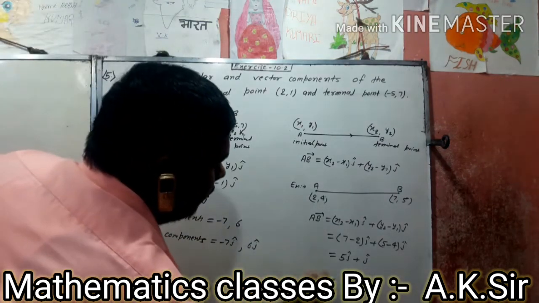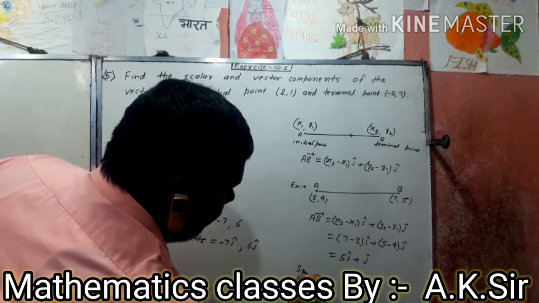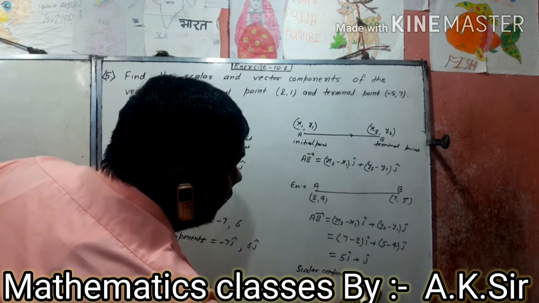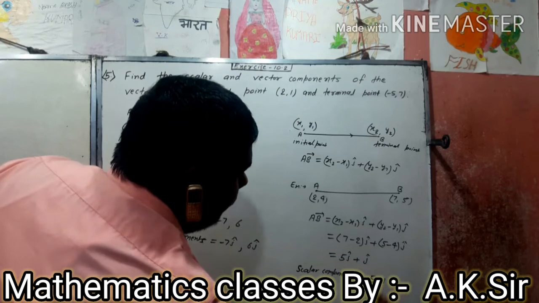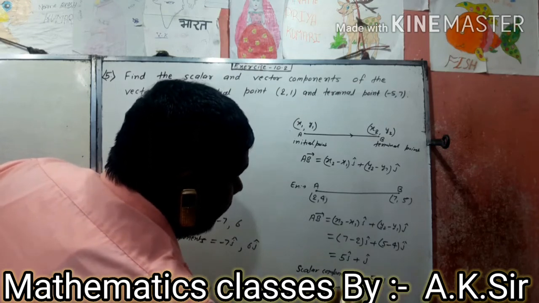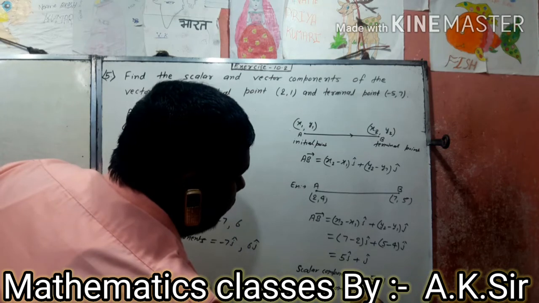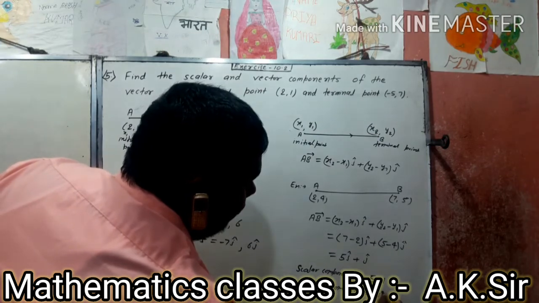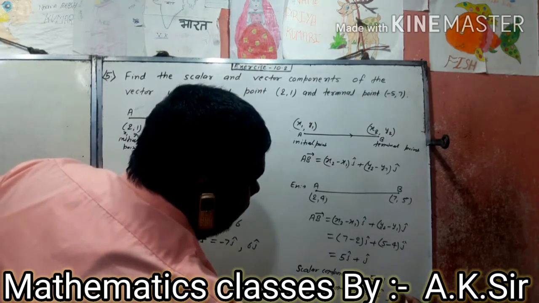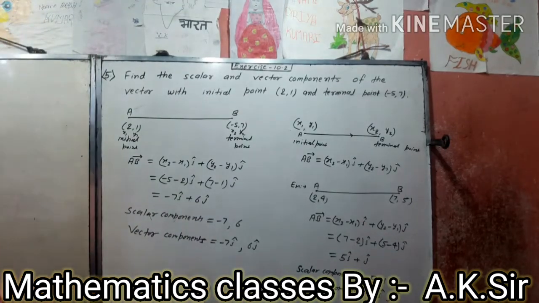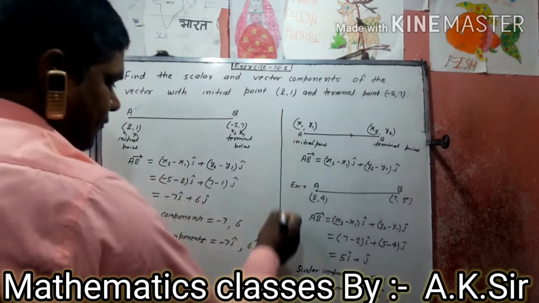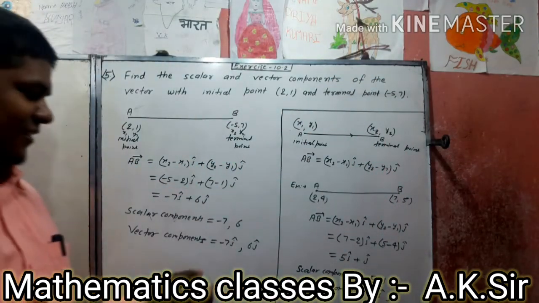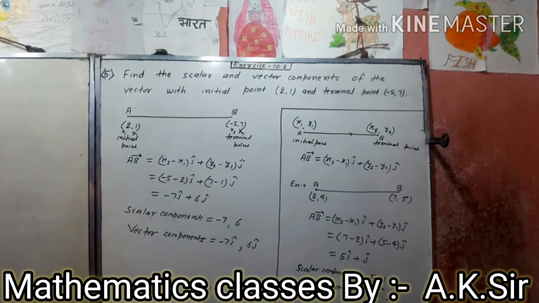Here also you can write scalar components as 5 and 1, and vector components as 5i cap and j cap. This is our answer.